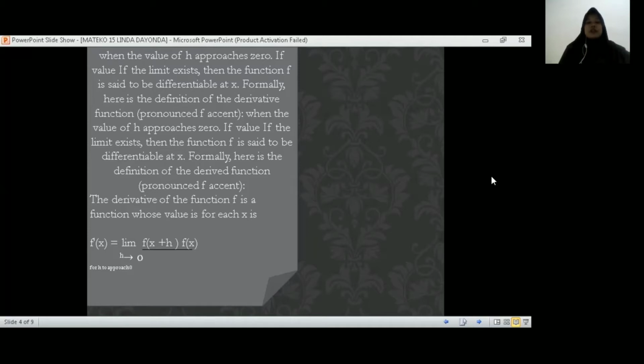The derivative of the function f is a function whose value at x is f'(x), the limit of (f(x + h) - f(x)) / h as h approaches 0.